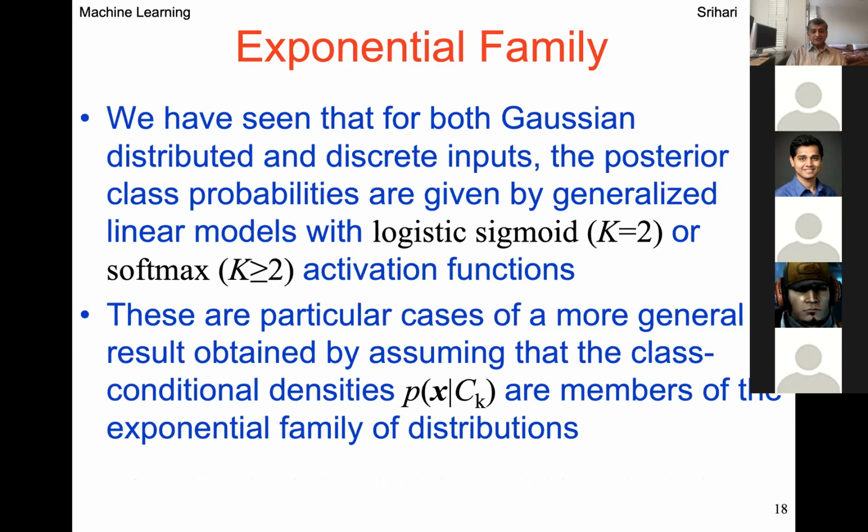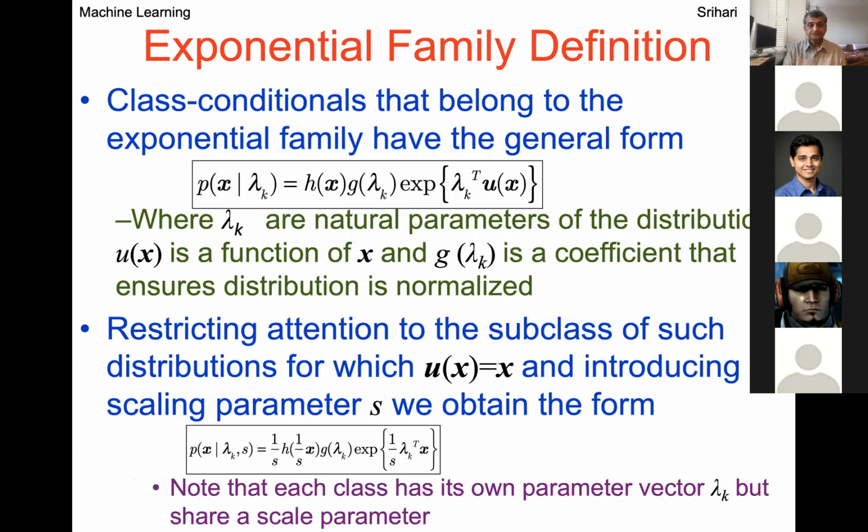The exponential family goes beyond Gaussian and discrete inputs. These ideas hold for a family of distributions called the exponential family, which is not just the Gaussian, but there are various other distributions that fall in the same family. It is not Gaussian, but some variants of it. And how do you define those?